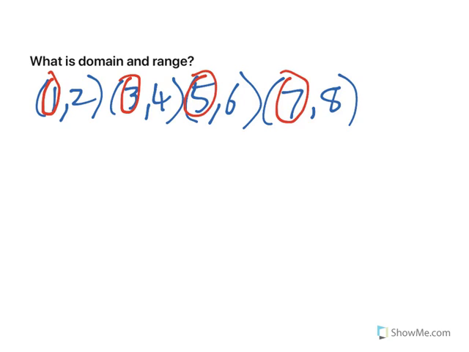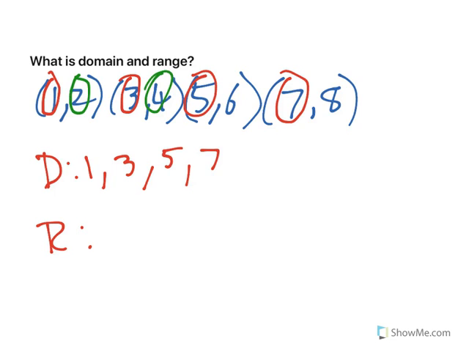Is the domain 4? No. The domain is 1, 3, 5, 7. The range, however, 2, 4, 6, 8. Okay? That's as simple as it gets, basically.